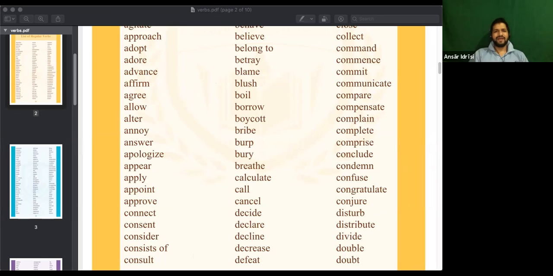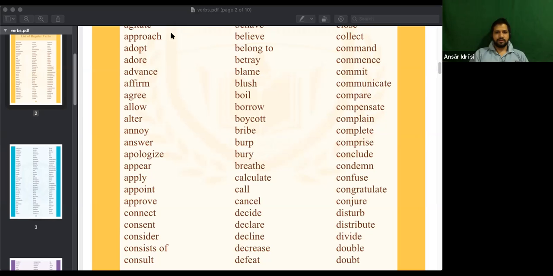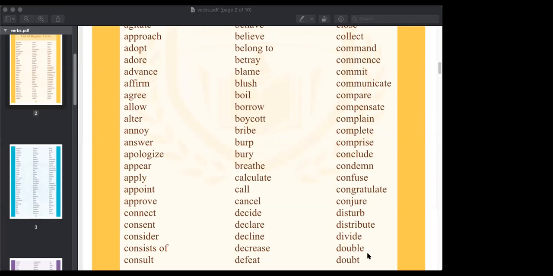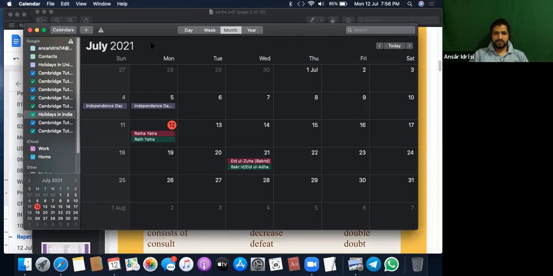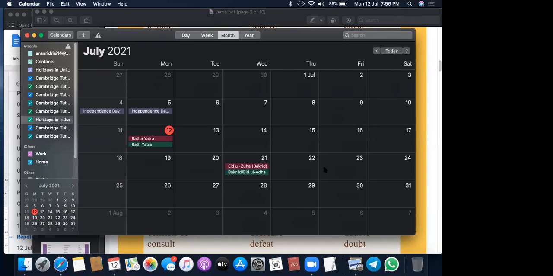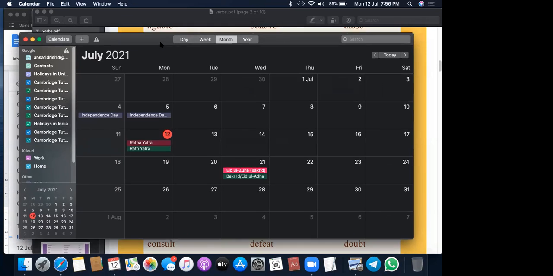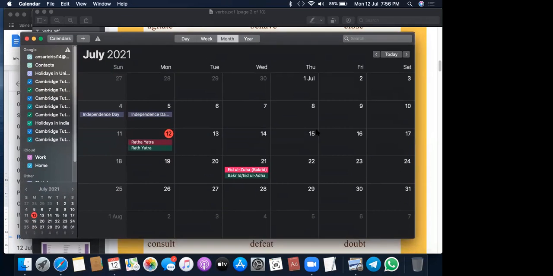Very good. When do we have the Eid? 22nd. Let me see the calendar. It is on Thursday, right? 21st or 22nd. 21st it is. So it is what? Wednesday.